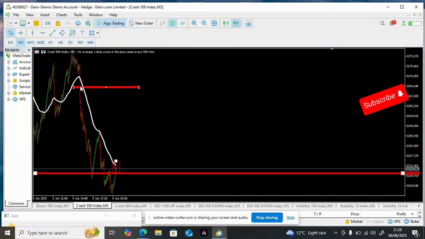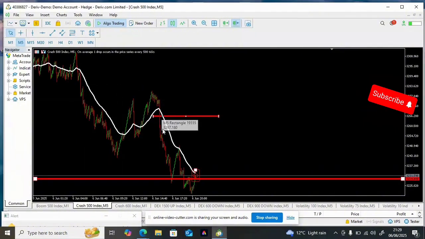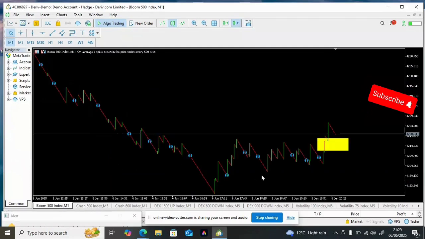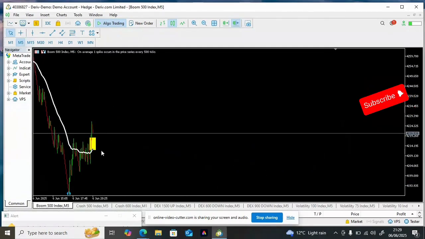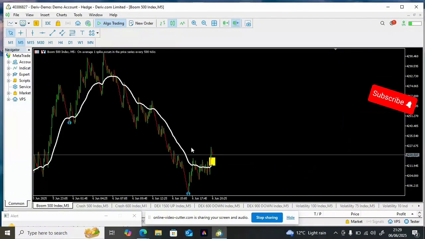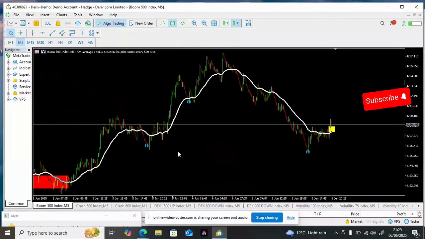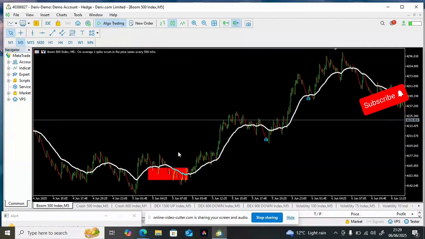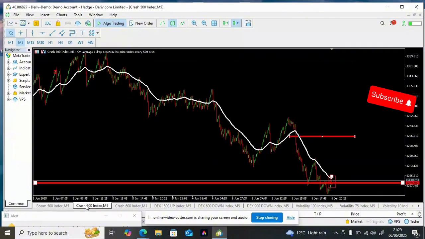When the market closes below, you need to look down for your sells. When it crosses above, you need to look forward for your buys using the spike detector. Use the spike detector always, guys. I hope this is a friendly strategy.